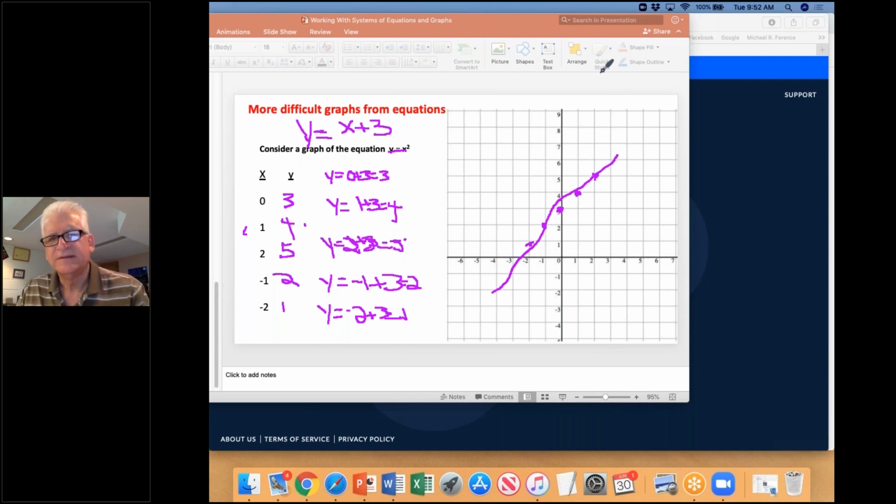Even though I'm not drawing it as a straight line, it's a straight line. And I have this equation of y equals x plus 3. So if I go back to my slope-intercept form, y equals mx plus b, I know that looking at this, there's a 1 there. So my slope equals 1.